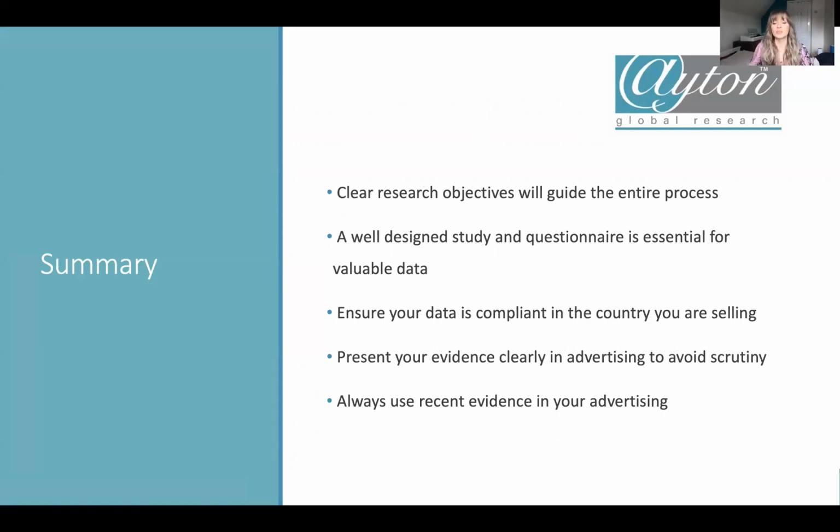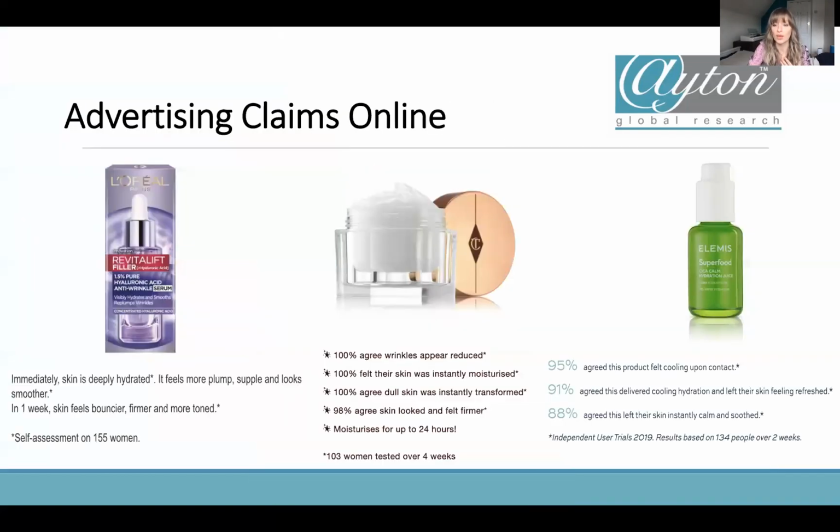Your data needs to be compliant in the country you're selling the product, so always make sure you have evidence appropriate. Always clearly present your evidence in advertising to avoid scrutiny. The clearer you can be about the advertising data you have, the better it will be for you in the long run if you ever come under scrutiny. So for example, I think Elemis have done a great example there.